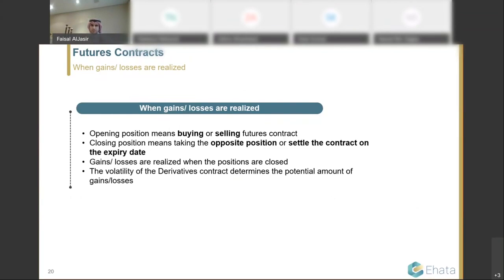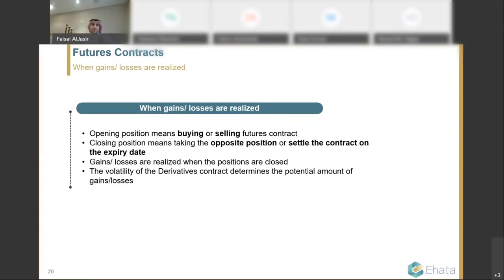Closing a position means taking either the opposite position or settling at the expiry date. So these are two ways of doing that. Gains and losses are realized when the positions are closed. However, they are marked to market on a daily basis, but they are realized when the position is closed.